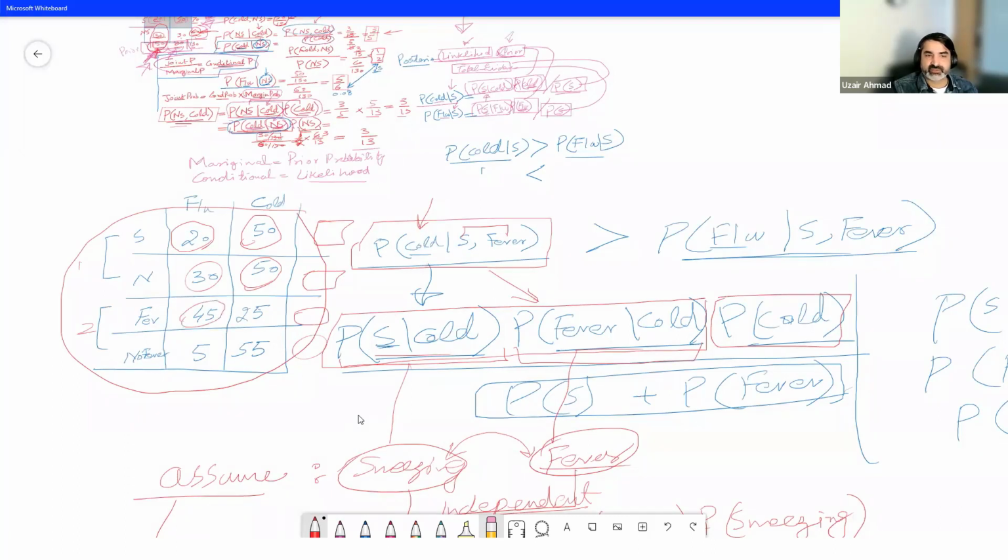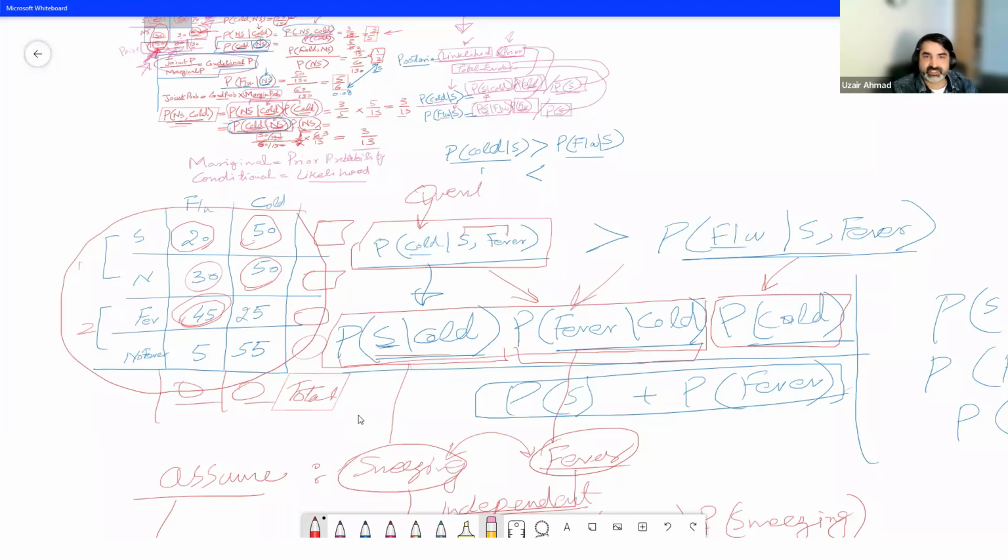And we will easily calculate the joint probabilities, which is dividing by the total, right? So these marginals will help us figure out this part of the formula, and joint will help us figure out this part of the formula, and joint by marginal is conditional.